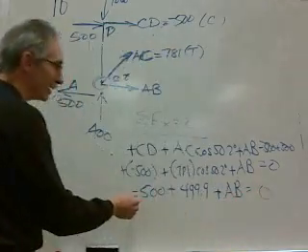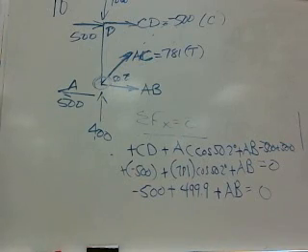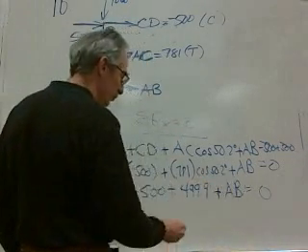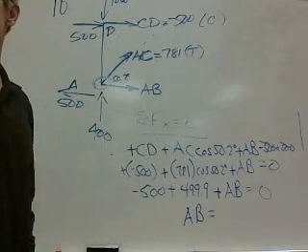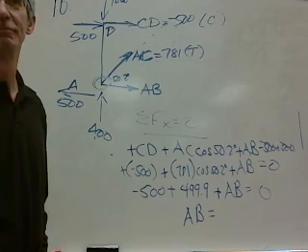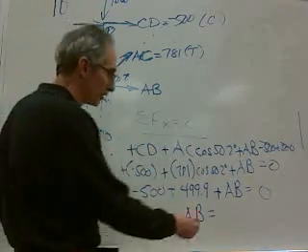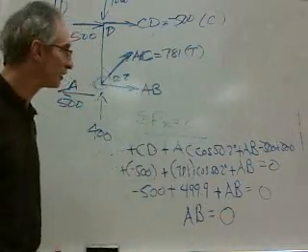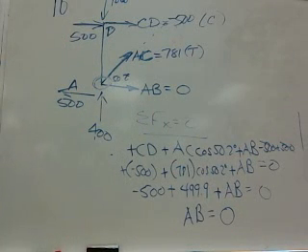I've got minus 500 plus, essentially, 500, plus AB equals 0. What's AB going to be equal to? Zero. At 499.9, we've rounded off, so that's basically 0. So AB equals 0. So again, you've got your answers there. CD is 500 compression, AC is 781 tension, and AB is 0.